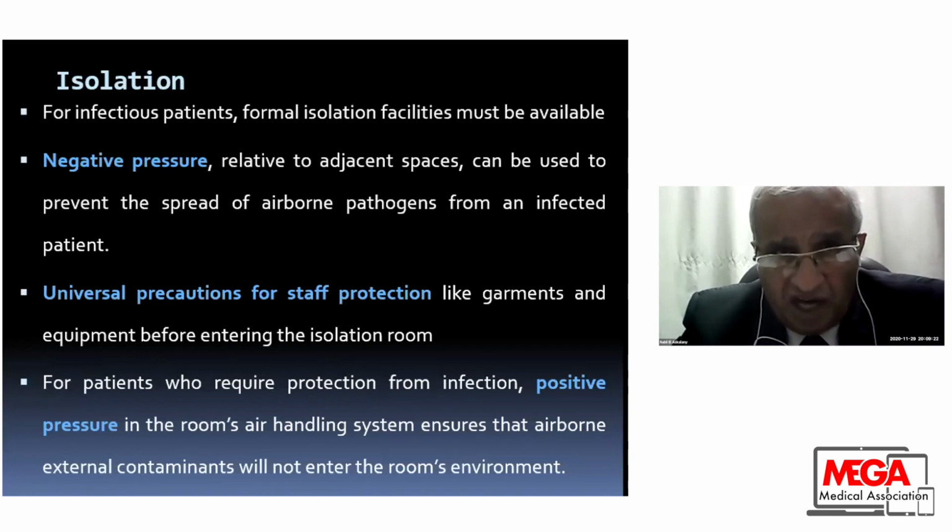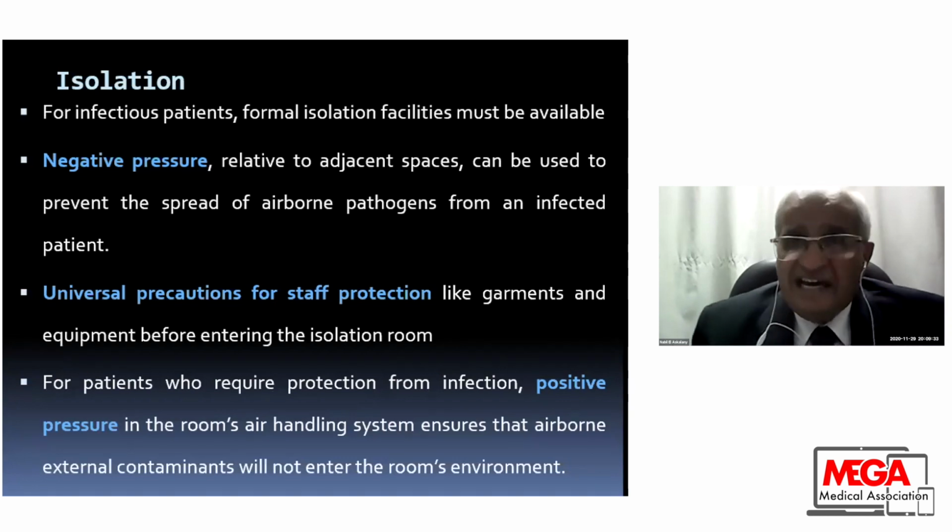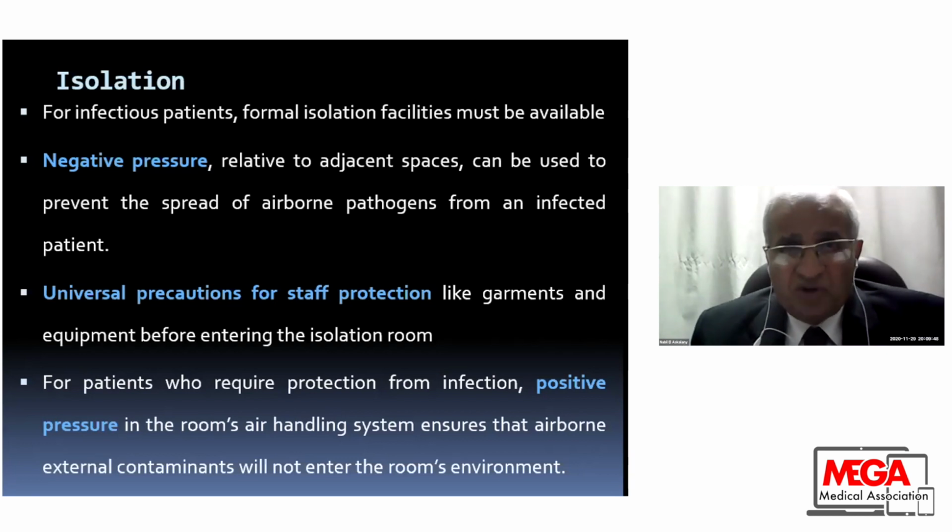If we've got isolation areas for infectious patients, formal isolation facilities must be available. So we should have negative pressure relative to the adjacent spaces to prevent the spread of airborne pathogens from an infective patient. In the meantime, we can use positive pressure in the room's handling system to ensure that airborne external contaminants will not enter the room's environment.